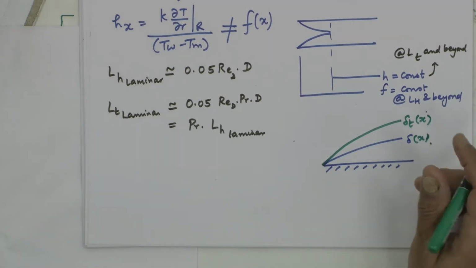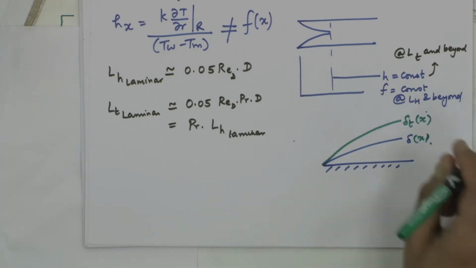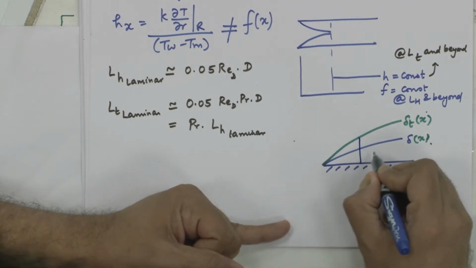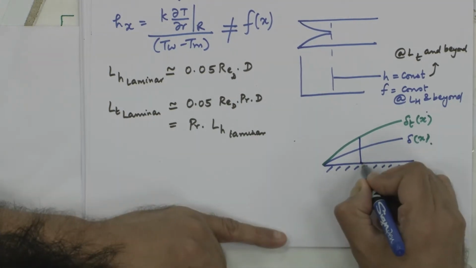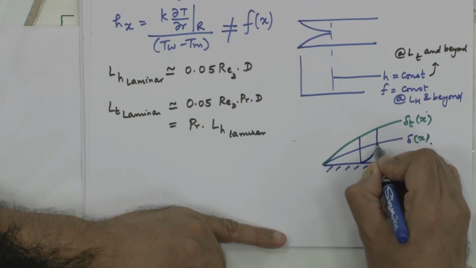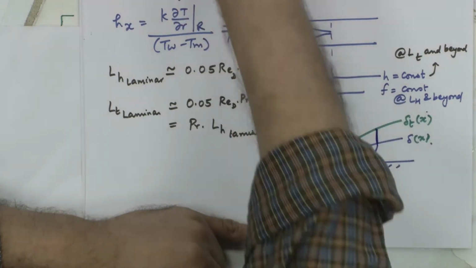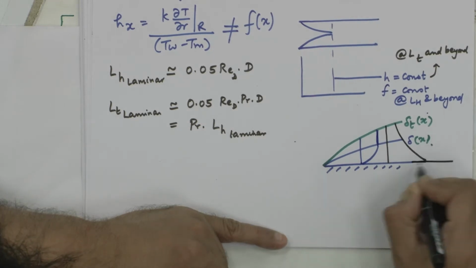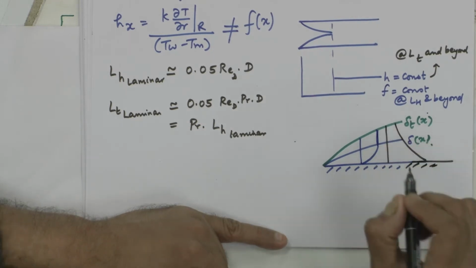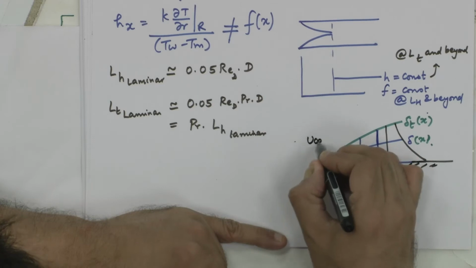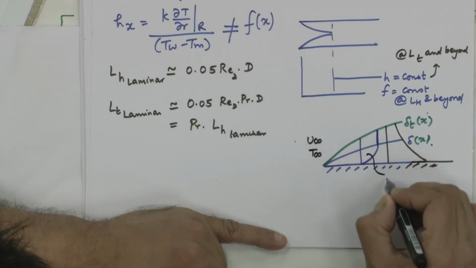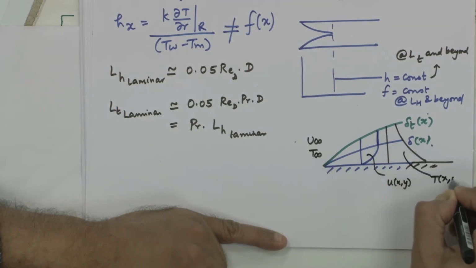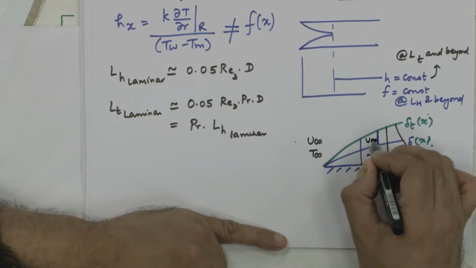Boundary layer thicknesses are of the order of a few millimeters. Okay, so I am just drawing this exaggerated. Velocity boundary layer is still delta, so I am going to have a profile which is going to be constant after that. Thermal boundary layer is still delta T, the profile is going to change after that until this location. So, u infinity, T infinity, u of x comma y, T of x comma y, this is still u infinity.